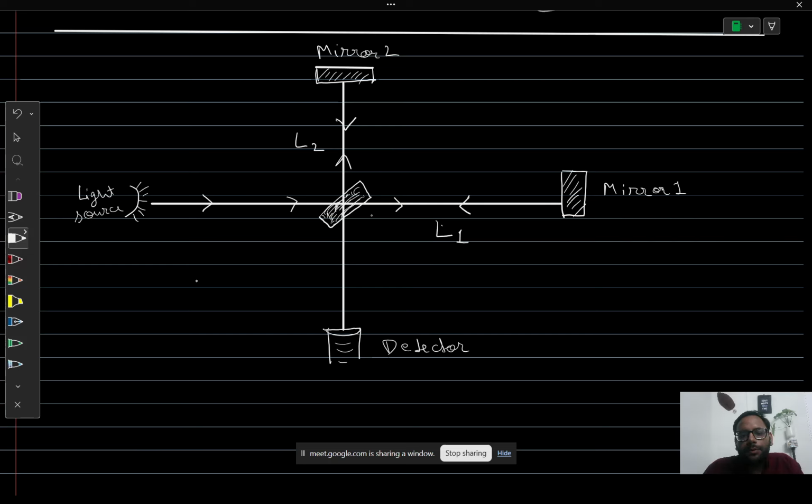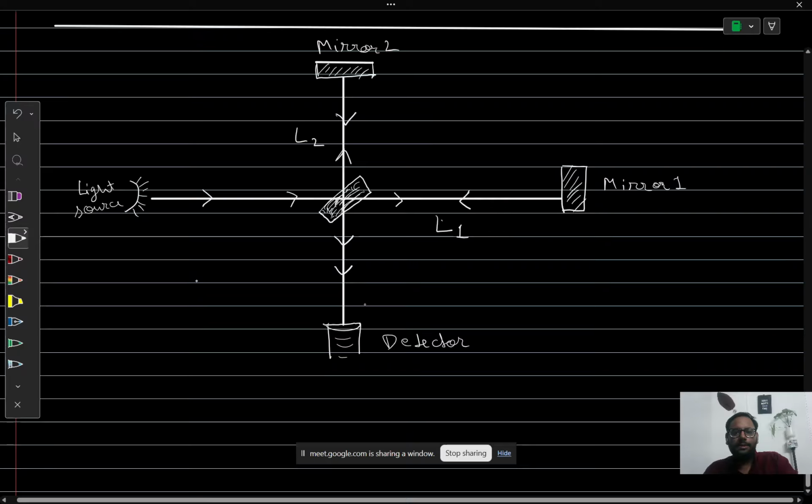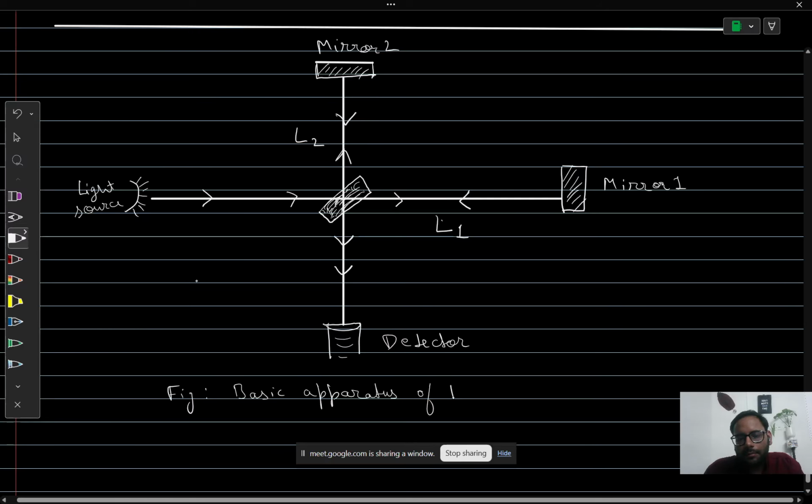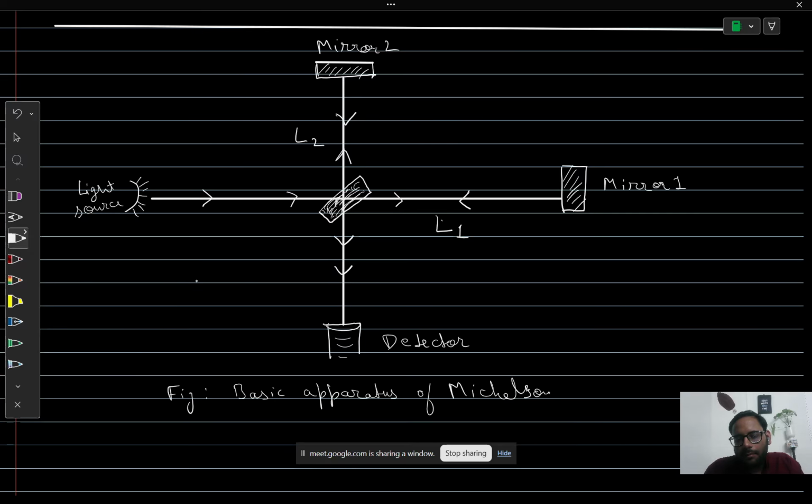Then these two waves again recombine and are received at the detector. This is the basic apparatus diagram of the Michelson-Morley experiment.